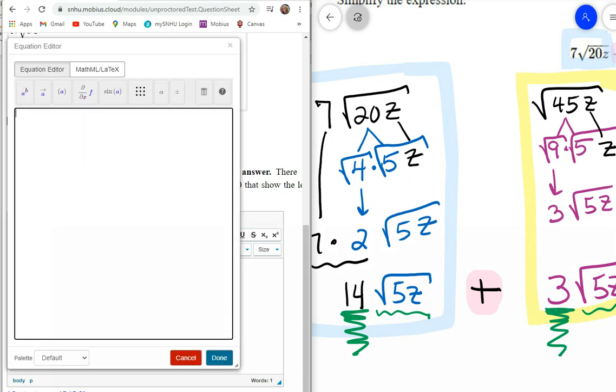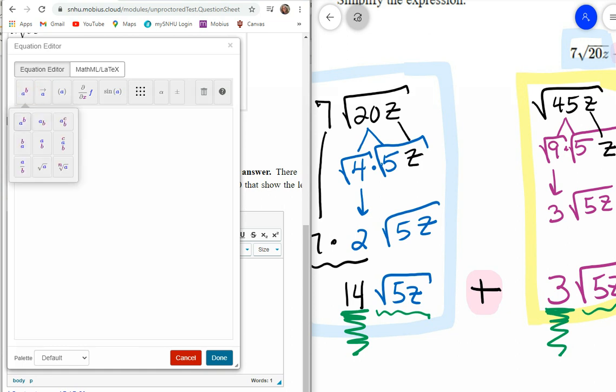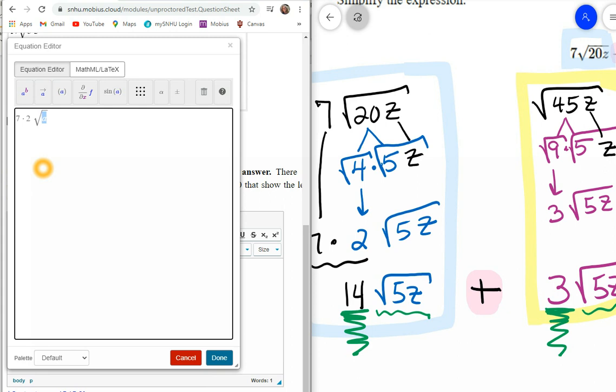I hit return twice, give some space in between. Then the next line would be 7, and then the asterisk times, and then 2, and then the radical, and then 5z. And then space, space, space, and plus. Oops, sorry. Arrow over before you hit space, space, space.